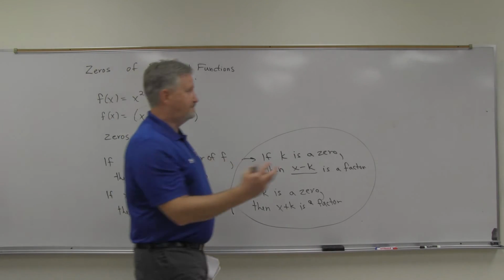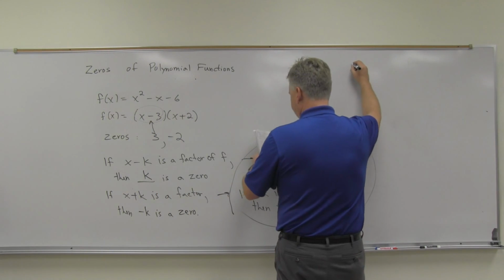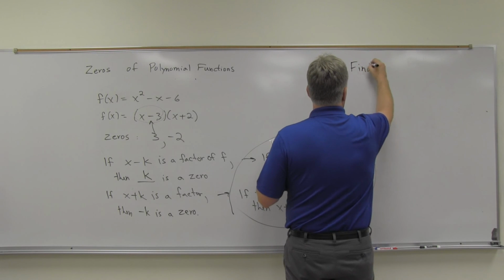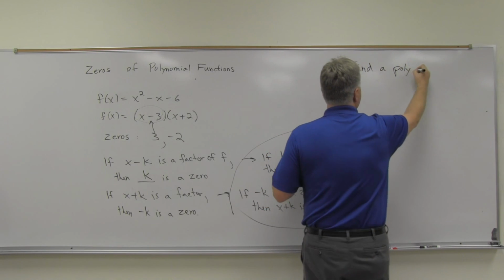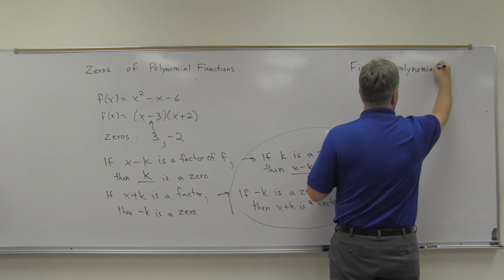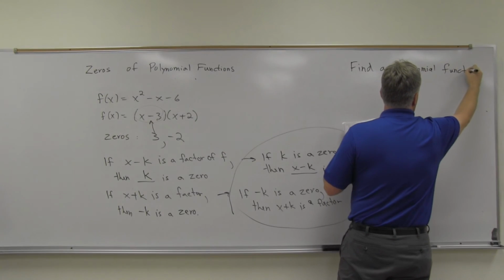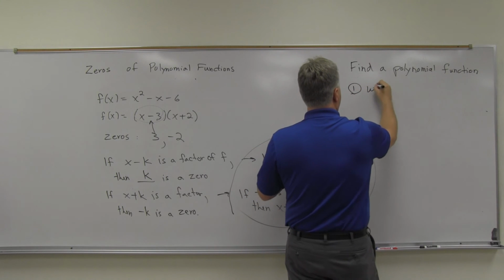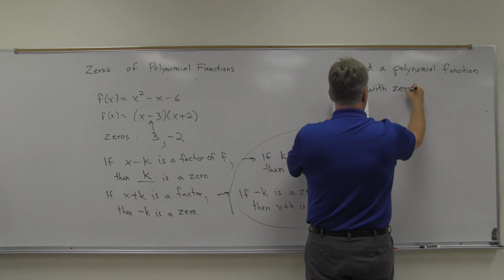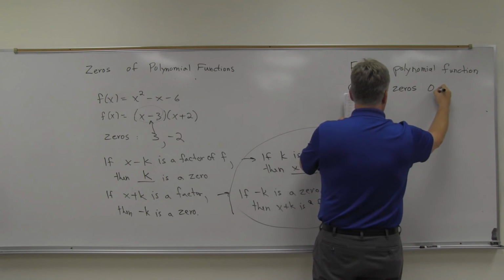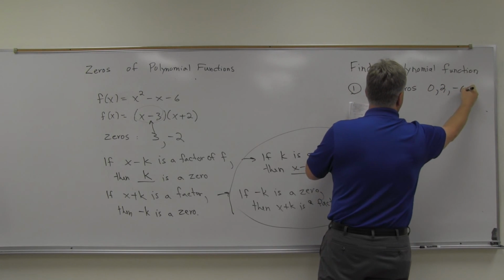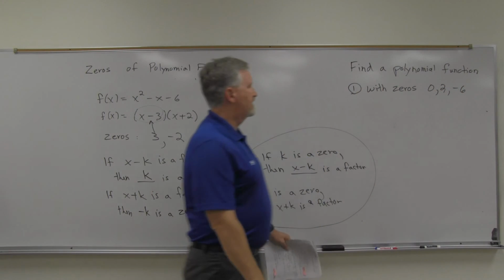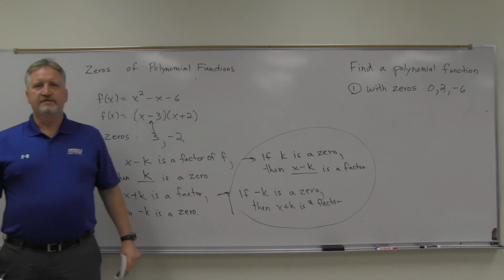All right, well, so here's what I'm going to do with that. Find a polynomial function. Number 1, with zeros 0, 2, and negative 6.